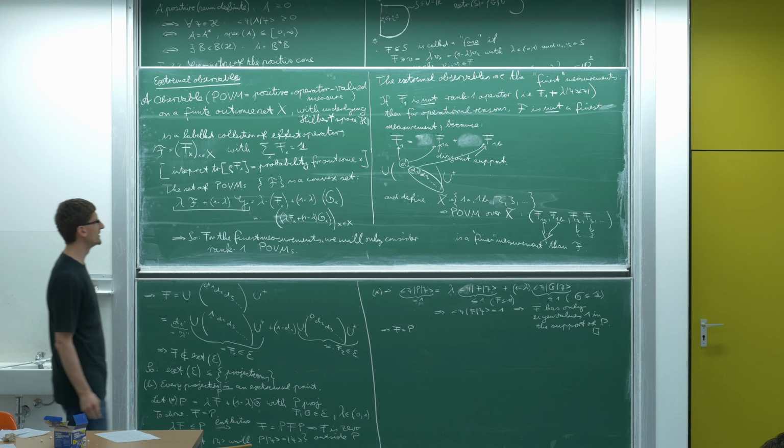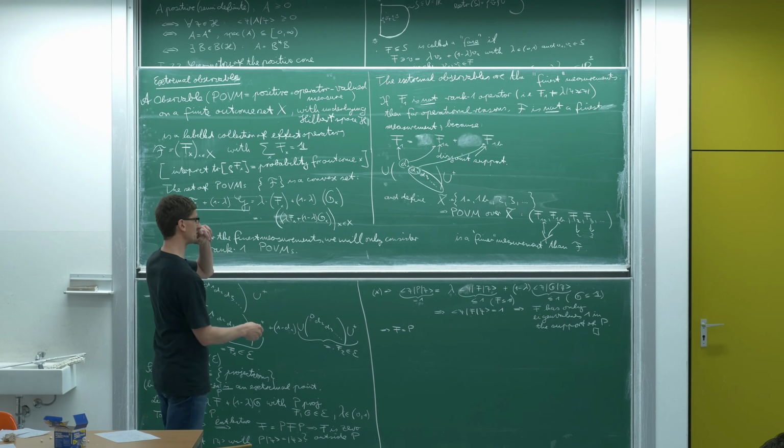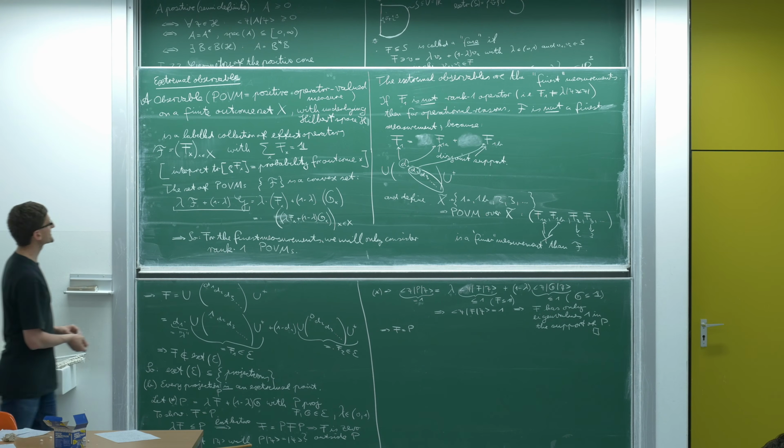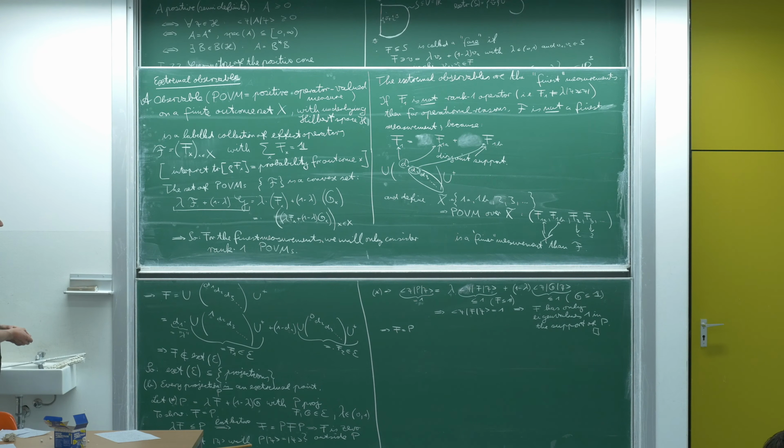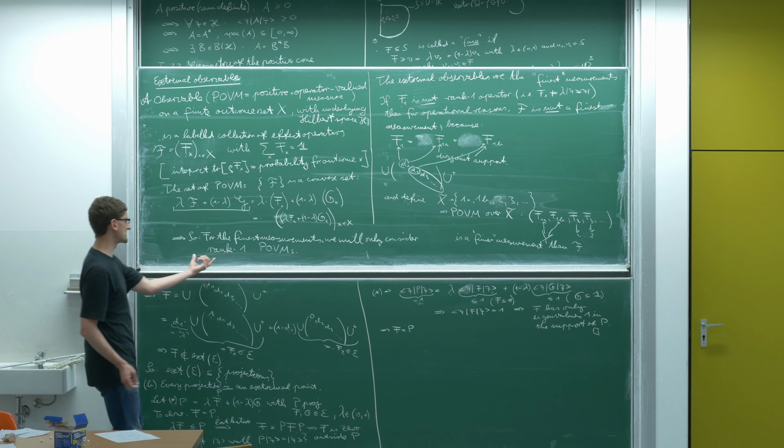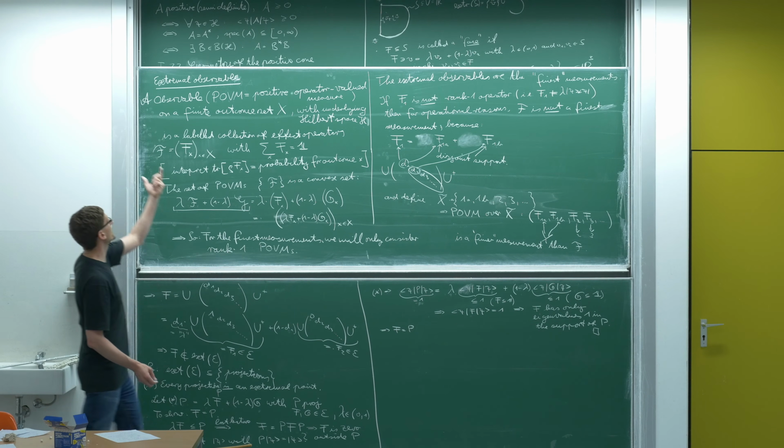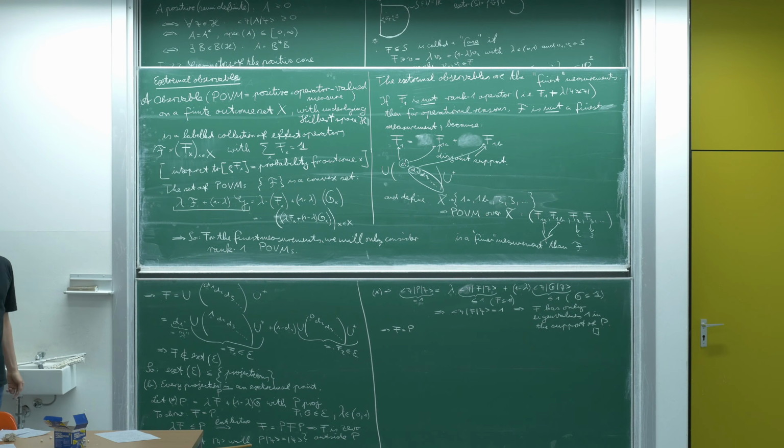Because if it's not rank 1, we can find an operational procedure which makes it finer. And next time it will be answered: among the POVMs with rank 1 operators, what are the extremal observables in this set?